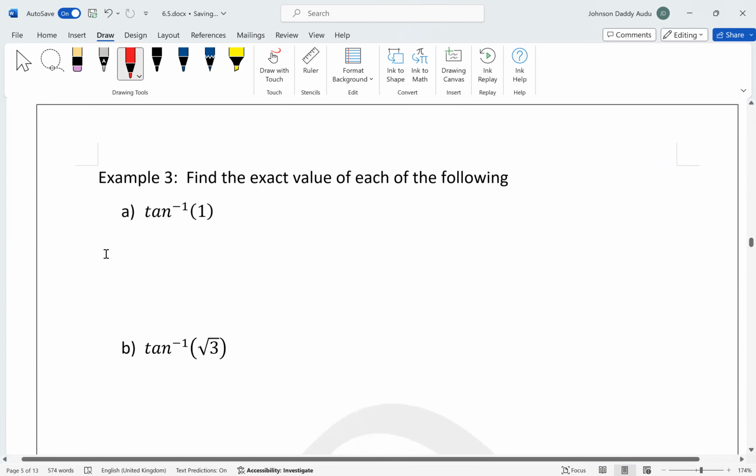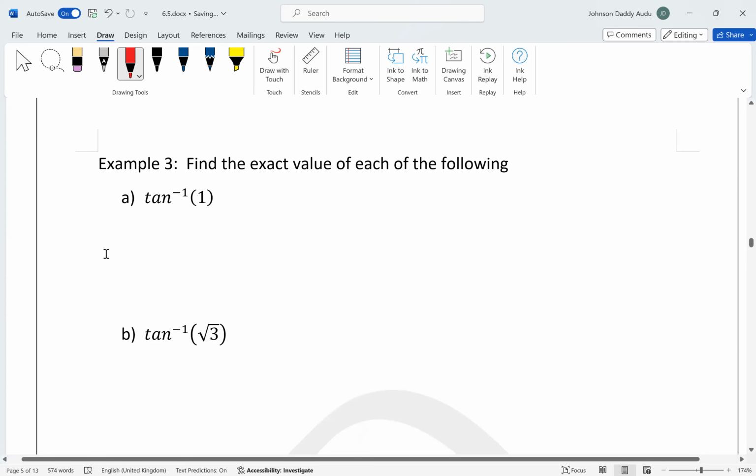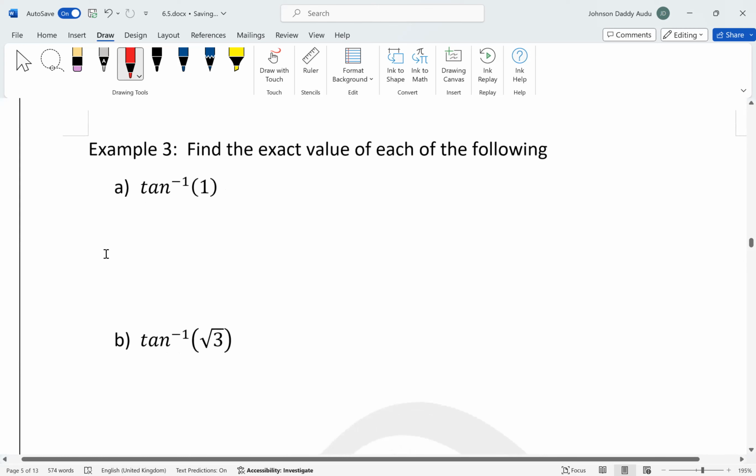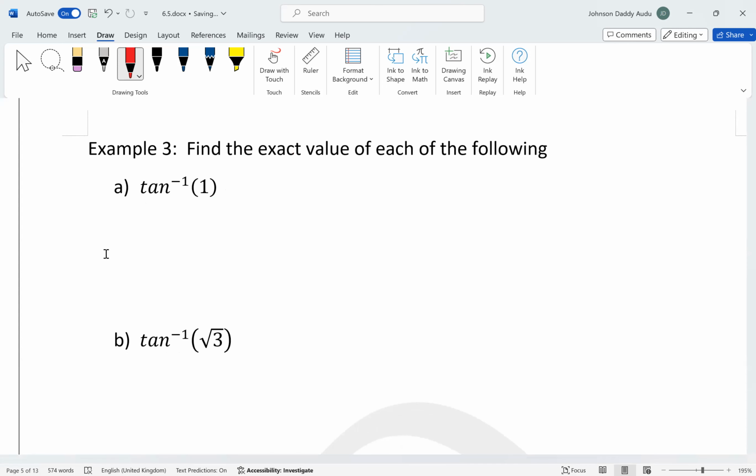Now, let's do the same thing for tan functions. Just to remind us again, tan inverse is in the first or in the fourth quadrant. Because remember, if you let y be tan inverse of 1, it means that the output will be in the range of tan inverse.